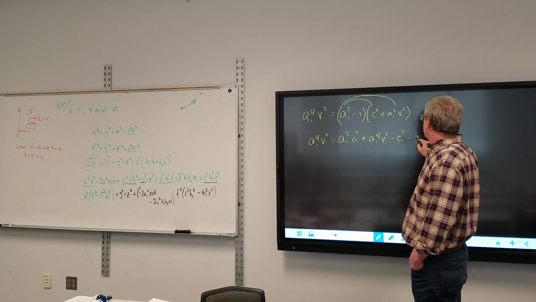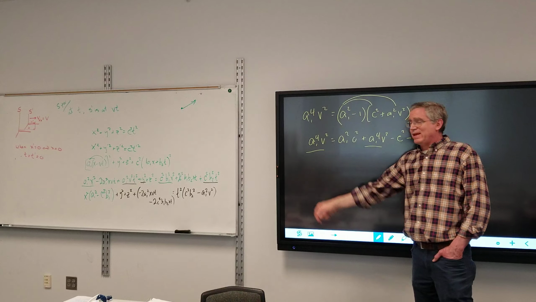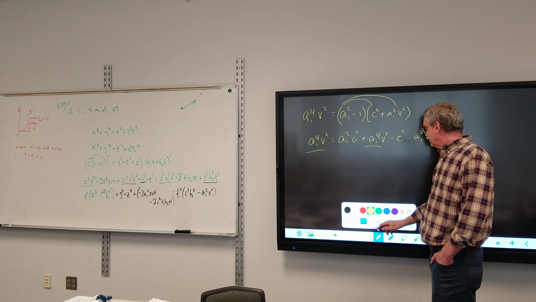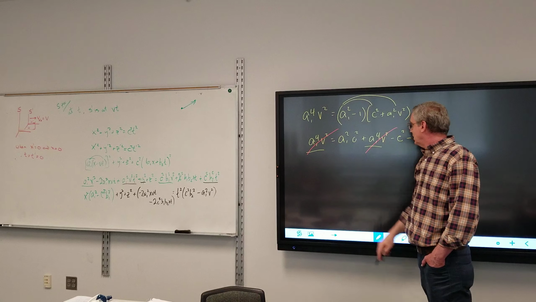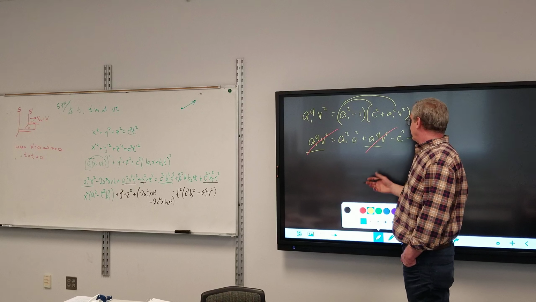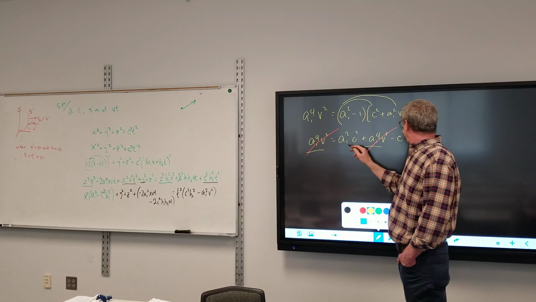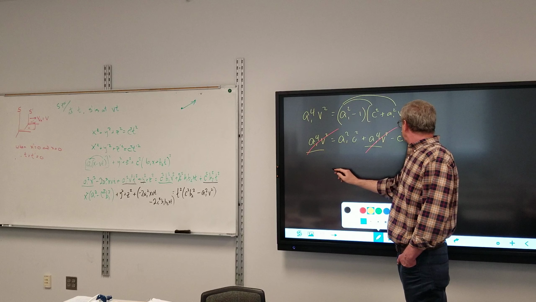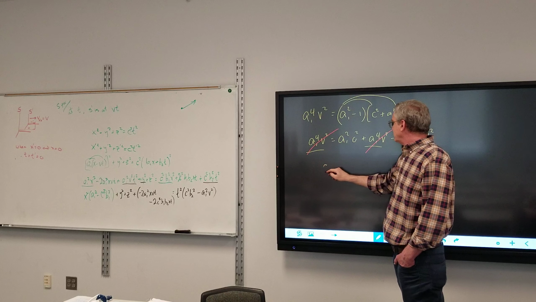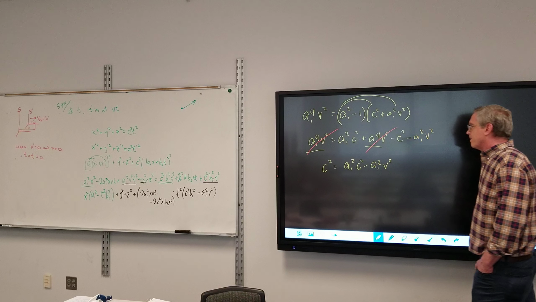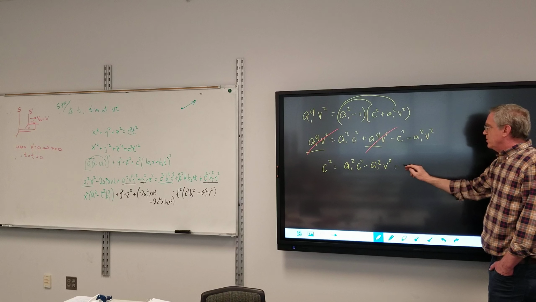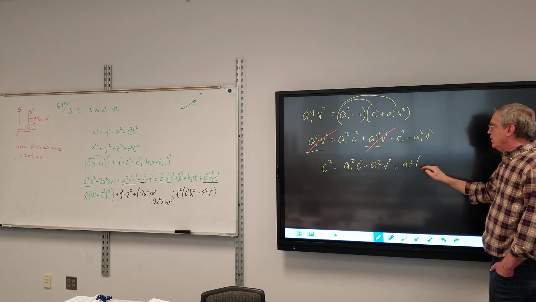Conveniently, they cancel. I'm solving for a1 squared, so when I get them on one side, I'm going to take the c squared over there, so I get c squared is equal to a1 squared c squared minus a1 squared v squared, which is a1 squared times c squared minus v squared.